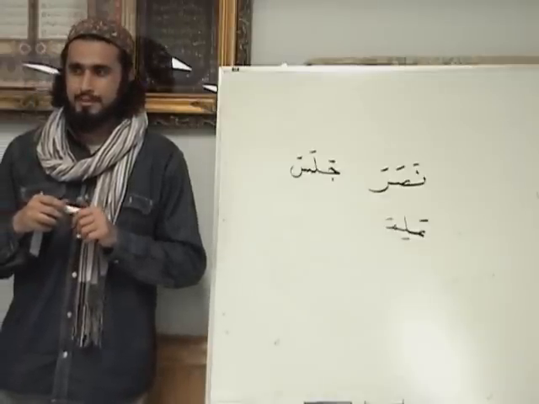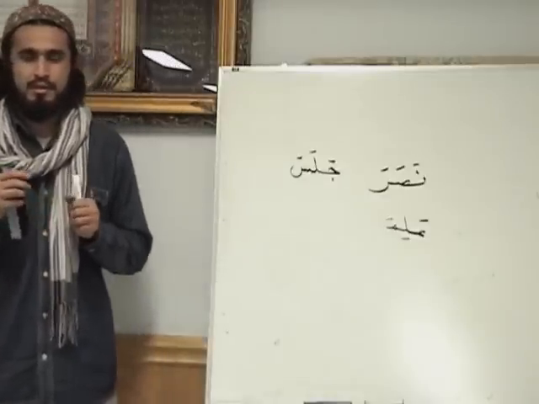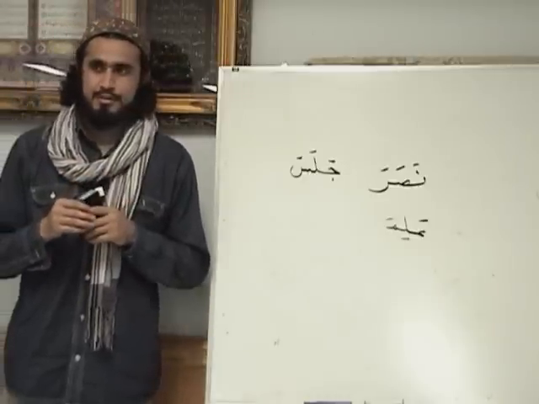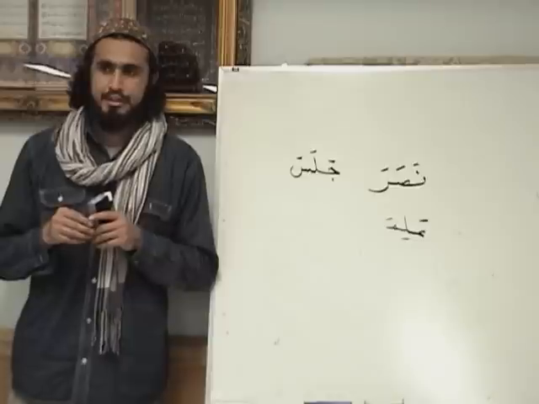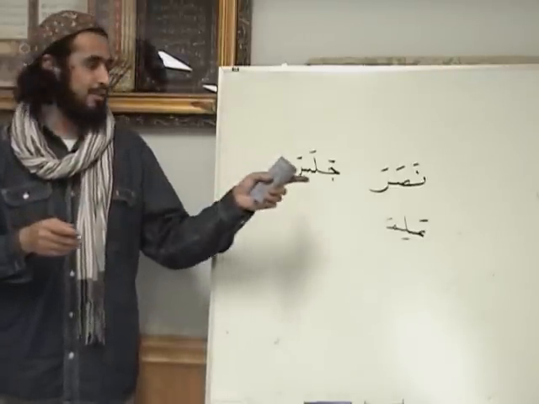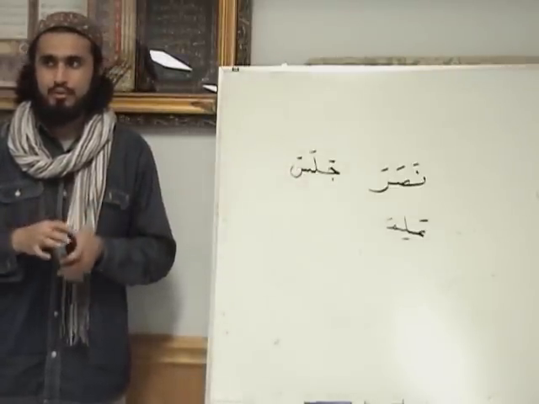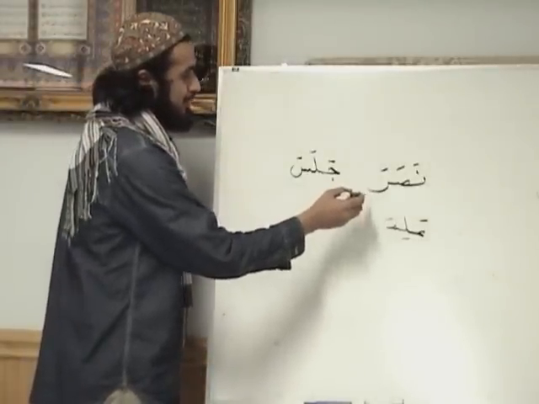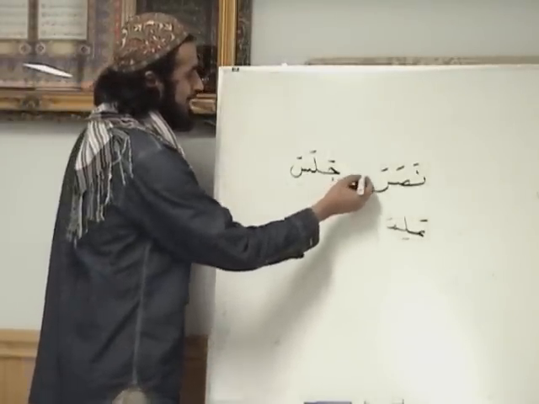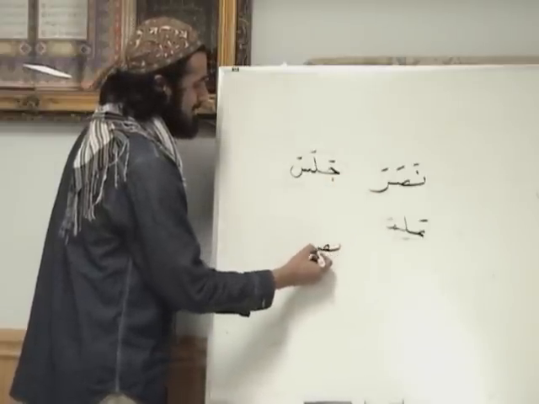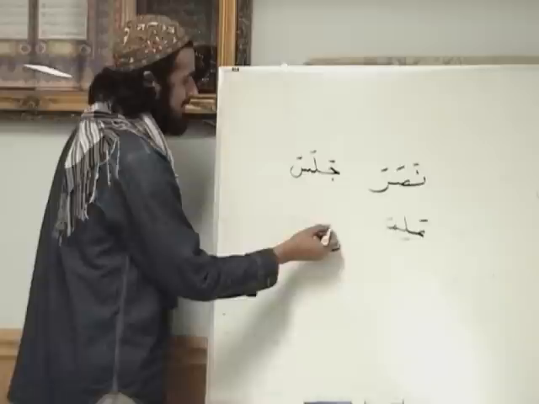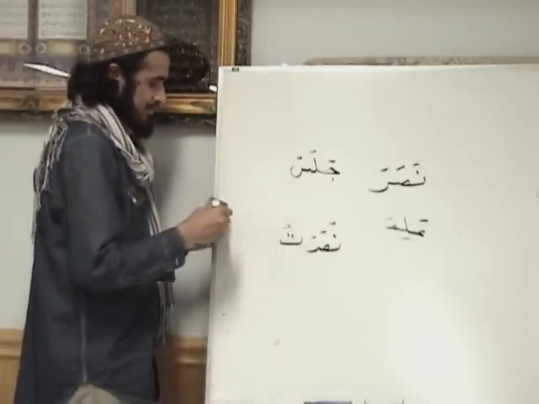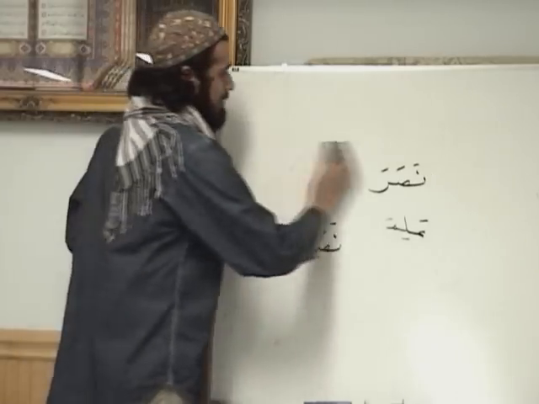The third person singular is the simplest, and then if you want to have second person or first person, then you add things to it. So you add things to the third person to refer to others. For example, nasara means he helped. If you want to say she helped, you have to add a ta to it, like this. Nasarat, she helped. Okay? And you will learn this inshallah.